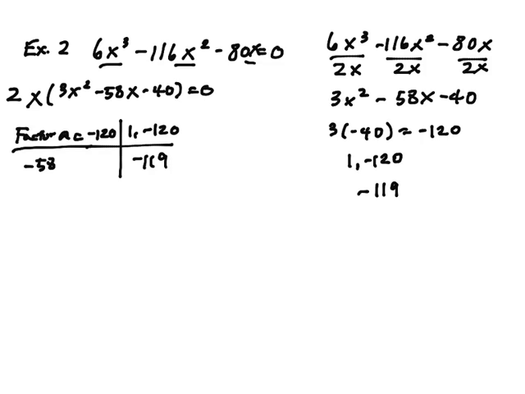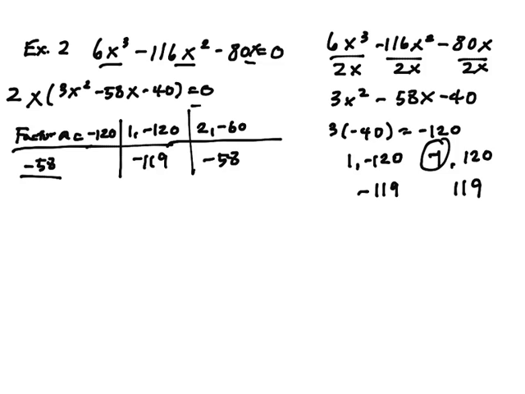But if the smaller number is negative, we have negative 1 and 120, that's positive 119. We're not going to be able to get a negative number when the smaller number is negative. Okay, so let's continue. So we have 2 and negative 60. When you add those two, we have negative 58. So that's my correct answer.